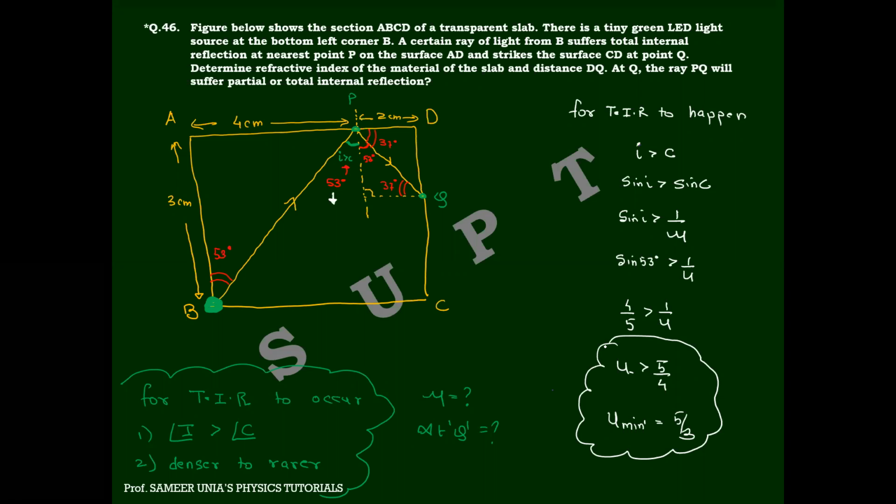So can anyone tell me, यहां पर क्रिटिकल एंगल मिनिमम कितना पकड़ा है हमने? साइन सी इज 1 upon mu, that is 1 upon 5 by 4, that is 4 by 5.